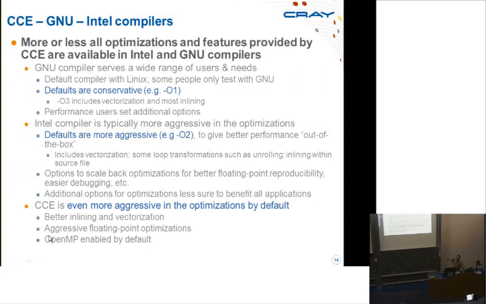If we look at a comparison between the feature sets of the CCE, GNU, and Intel compilers, we see a lot of the features that the CCE provides are also potentially available in Intel and GNU. GNU obviously serves a very much larger user base than the Cray compiler, being freely available. It fills many different markets.